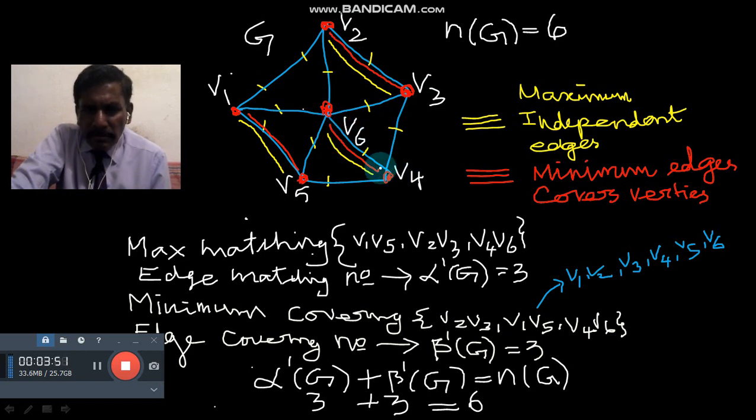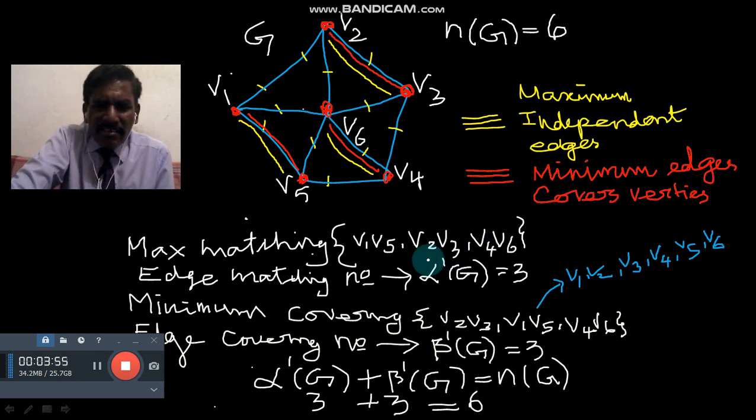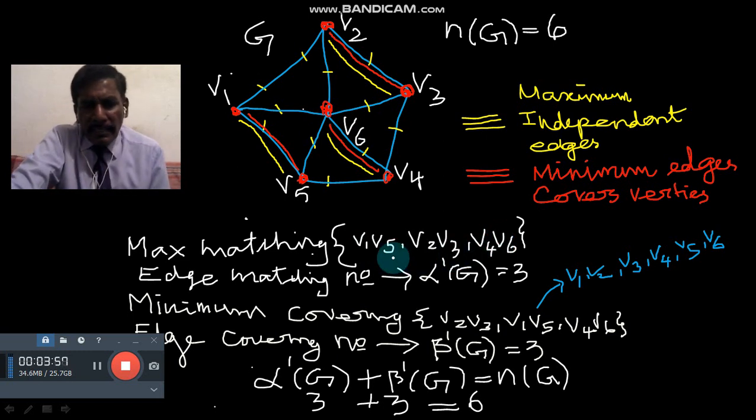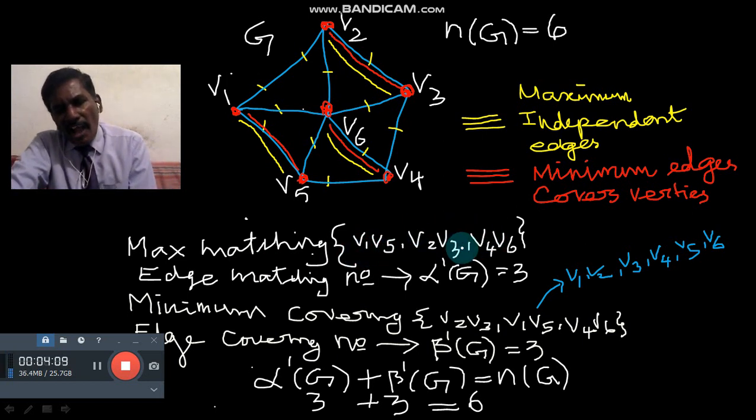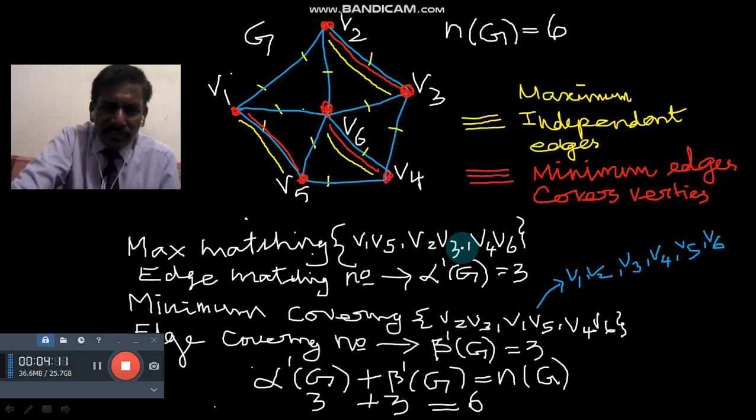They are independent of one another because they are not adjacent to one another. Therefore we say that it is a matching, or independent edge set. Another name for this is matching.